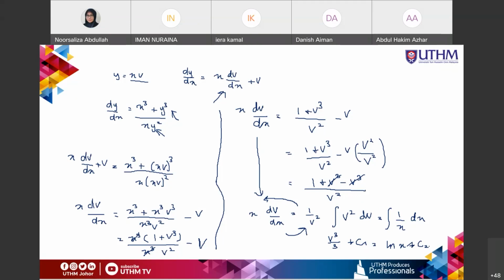This is not finished yet, because earlier we substituted y with xv. So now you substitute back, v equals y over x.